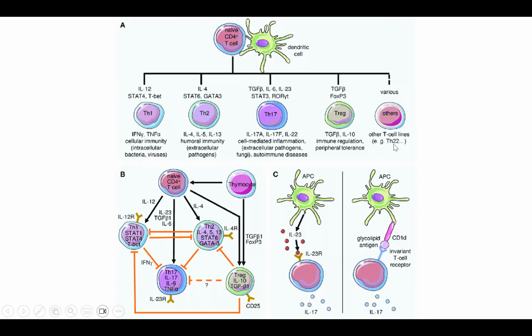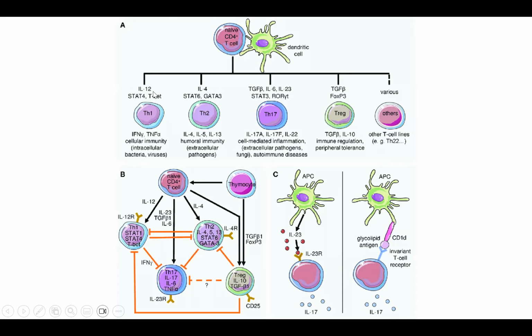There's quite a few, but your main ones are 1, 2, 17, and Treg, and also 22 and others. Over time we'll understand more about what exactly these are doing, but these are the main ones.